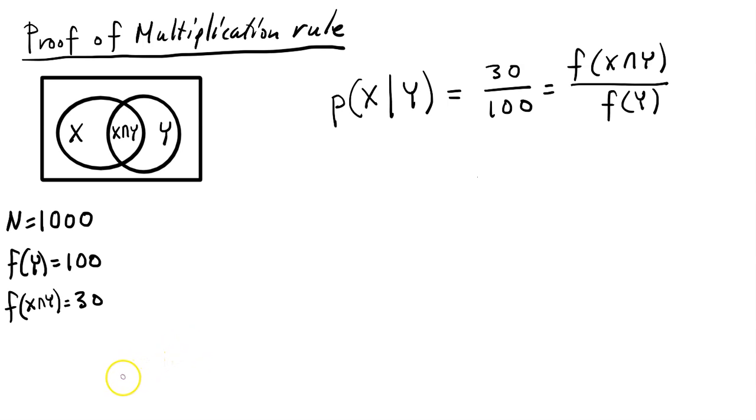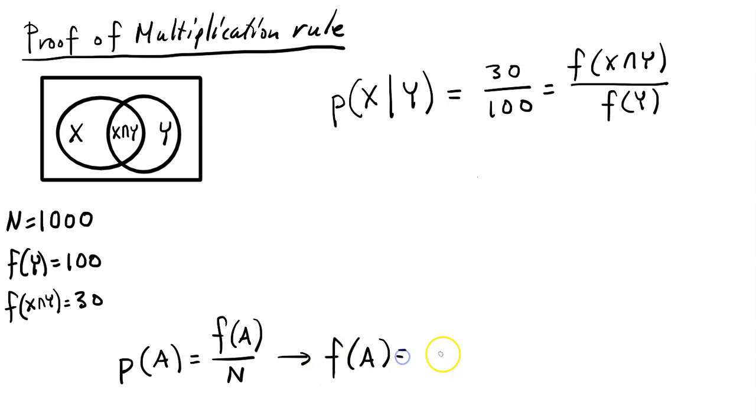Now we know from before, what is the probability of an event? Let's not call it x, to not confuse it with x here. What is the probability of an event? That's the frequency of that event divided by n. And this we can rewrite as f of a is equal to n times the probability for a.